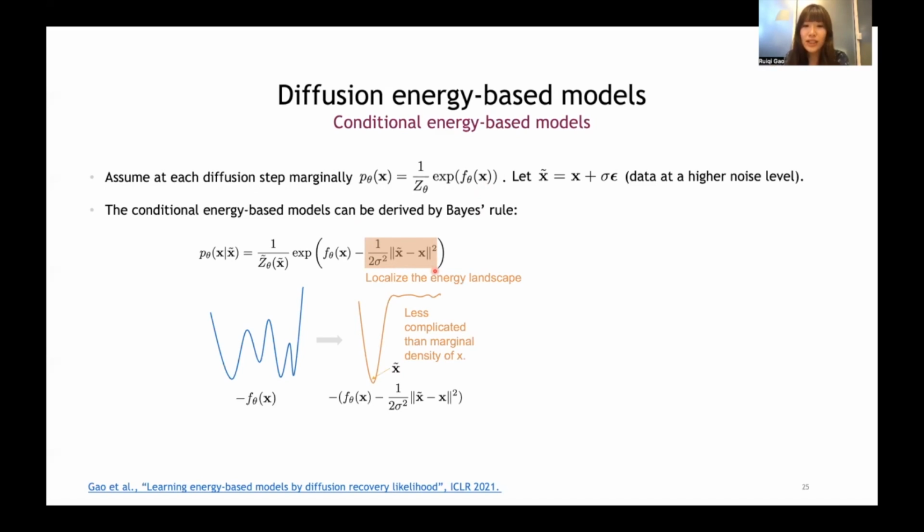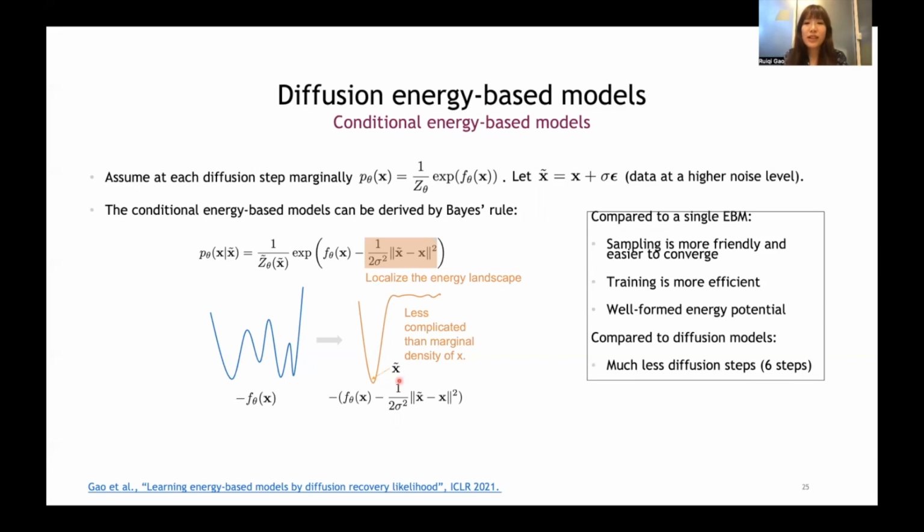And this extra quadratic term actually has the effect of localizing this highly multimodal energy landscape to a more single modal, or unimodal, landscape, with the mode focused around the higher noise level signal x tilde.